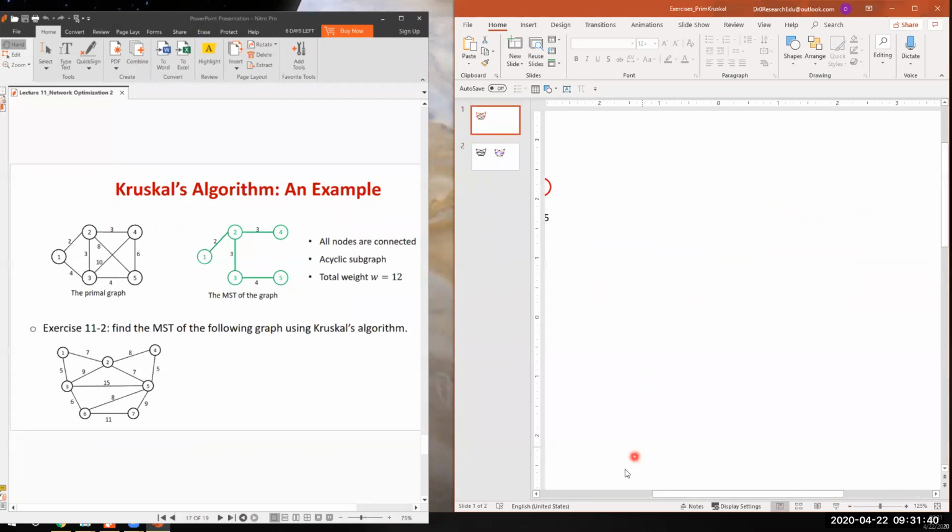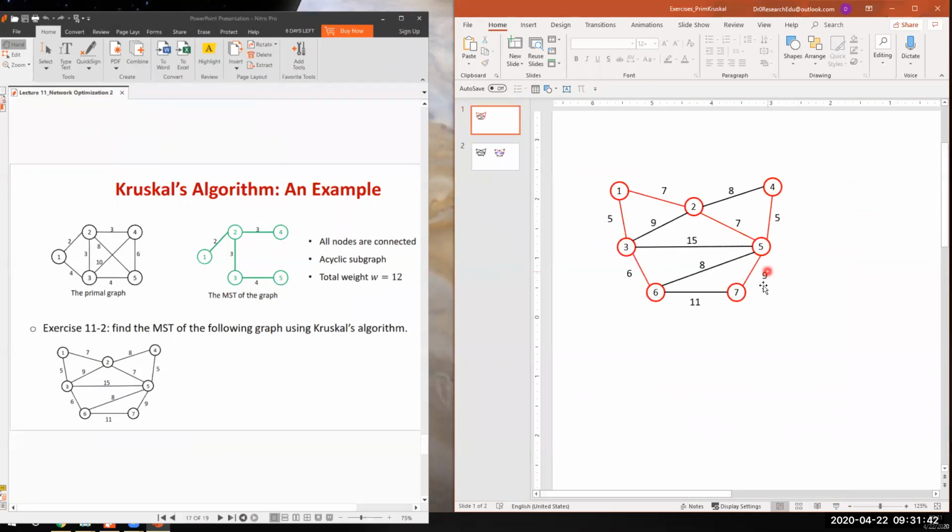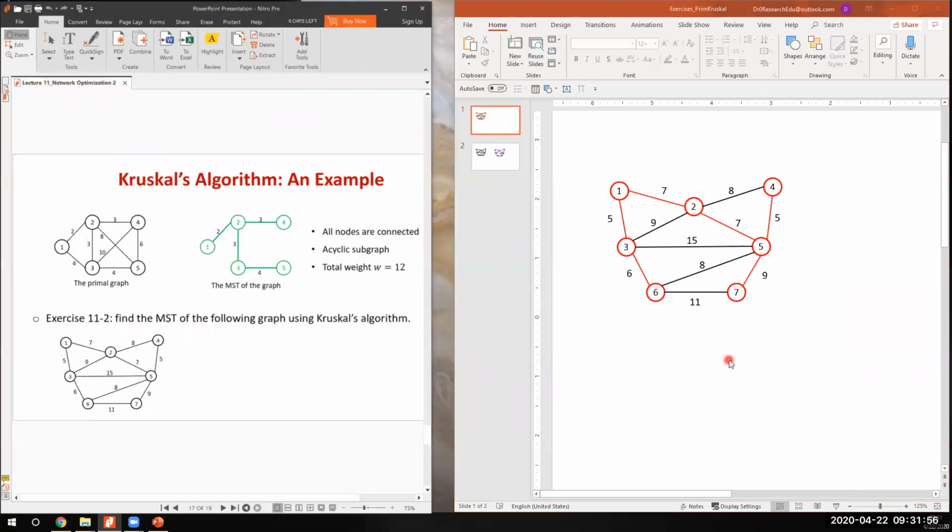Anyway, let me use Prim's algorithm, which is easier. In total, how many nodes do I have? I have 7 nodes. And in total, how many edges do I have? 1, 2, 3, 4, 5, 6. 6 edges. And if you think a little bit, you're going to see that there are always n minus 1 edges included in the minimum spanning tree.